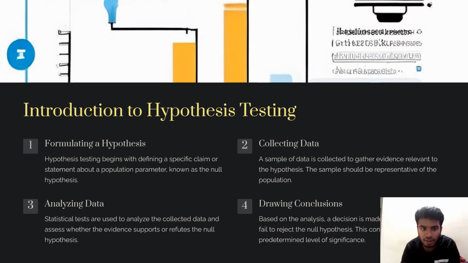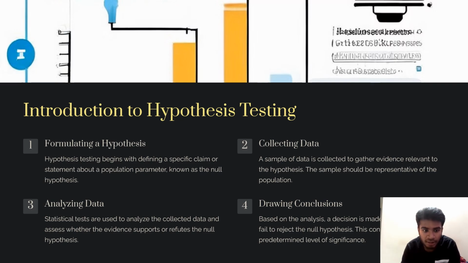Introduction to hypothesis testing. Formulating a hypothesis. Hypothesis testing begins with defining a specific claim or statement about a population parameter, known as the null hypothesis. Collecting data. A sample of data is collected to gather evidence related to the hypothesis. The sample should be representative of the population.